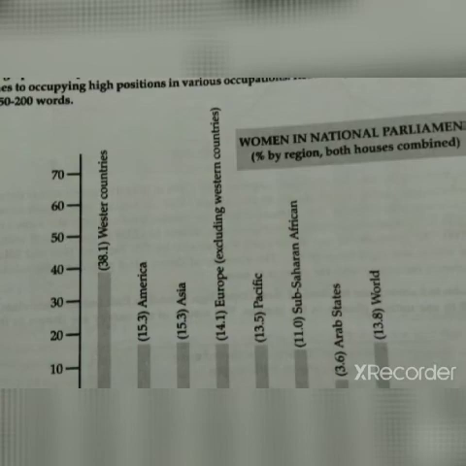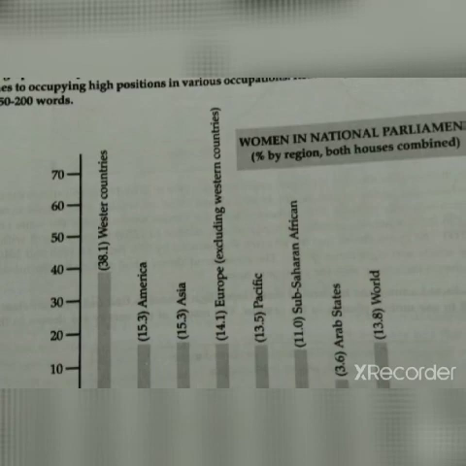The number of women in national parliament is not very encouraging in the world and Pacific, where it is 13.5% and 13.8% respectively, while the percentage in America, Asia and Europe, excluding Western countries, is 15.3, 15.3 and 14.1 respectively.